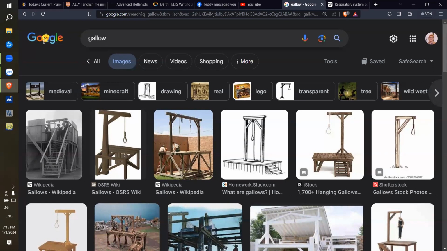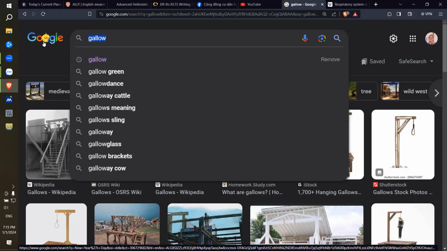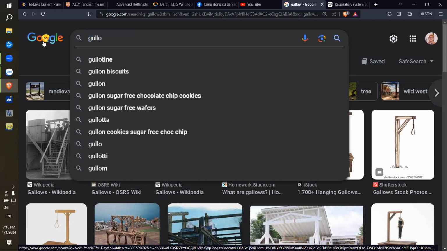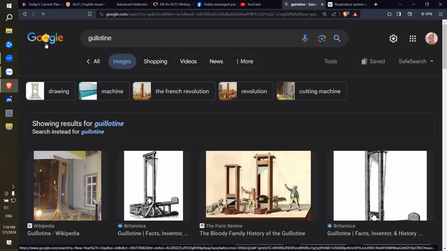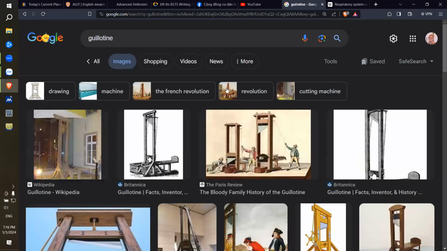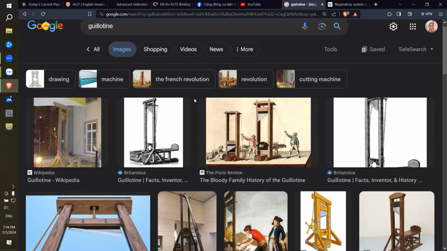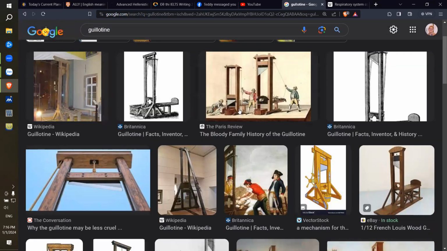And another thing that will kill you, but it's more spectacular, ngoạn mục hơn, đó chính là cái gì? The guillotine. The guillotine is basically this one. Máy chém. The guillotine is basically used to chop the head off a person.